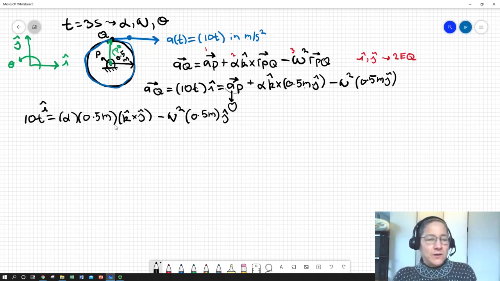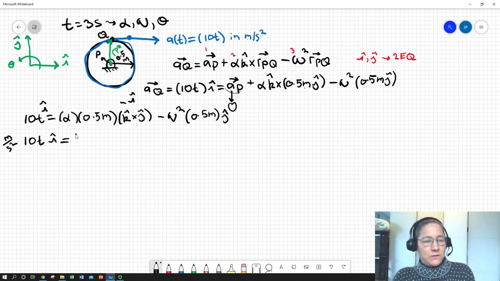So we can go ahead and work through our cross product. We know that k hat times j hat by the right hand rule is negative i hat. So we have 10t meters per second squared in the i hat direction. We'll just write meters per second squared over here.